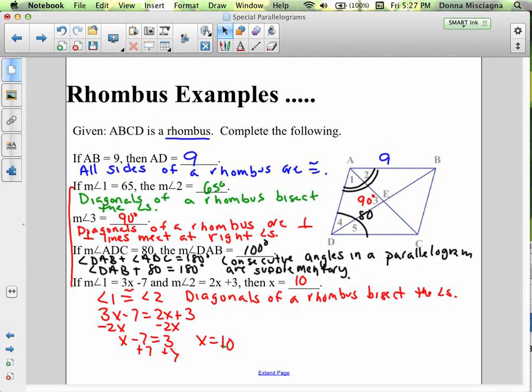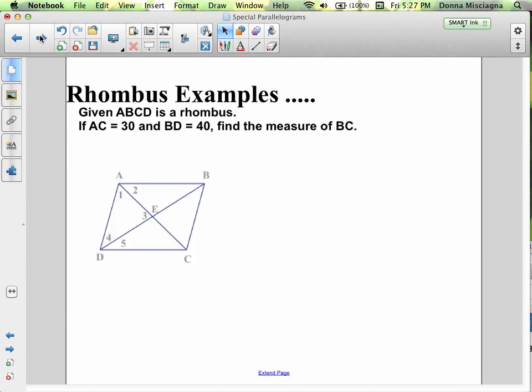And I'm going to do one more problem. Given ABCD is a rhombus, if AC equals 30 and BD equals 40, find the measure of BC. All right, so let's see here. So this whole thing, AC, is 30 whatevers.